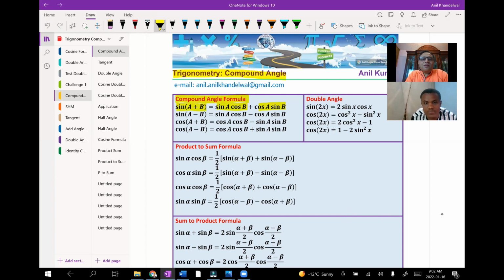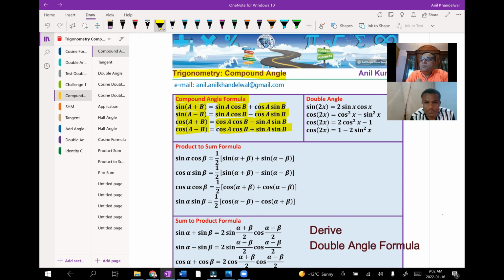Yeah. But when we have sine A minus B, you get sine A cos B minus cos A sine B. And for cos A plus B and cos A minus B, the formulas are cos A cos B minus sine A sine B and cos A cos B plus sine A sine B.